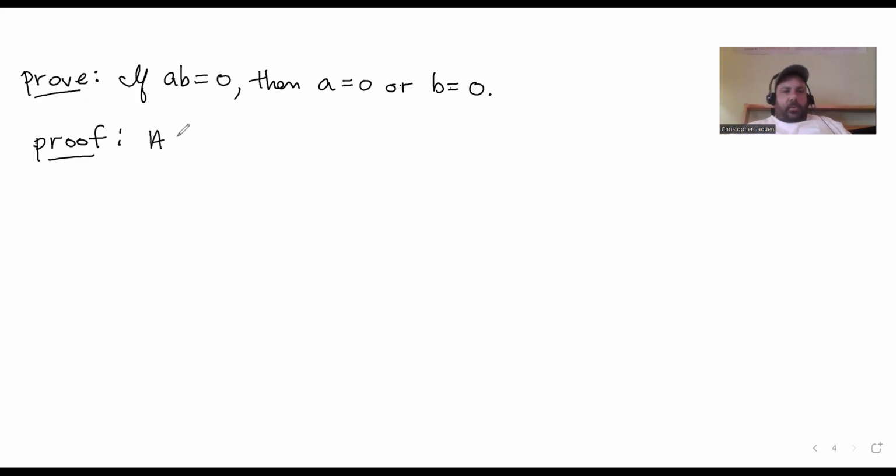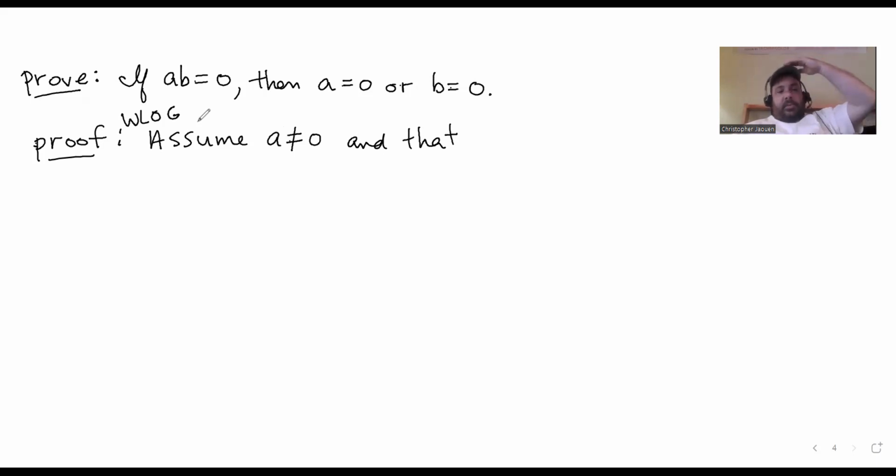So assume A is not 0, and I should say without loss of generality here, because there's symmetry in the hypothesis for this proposition.